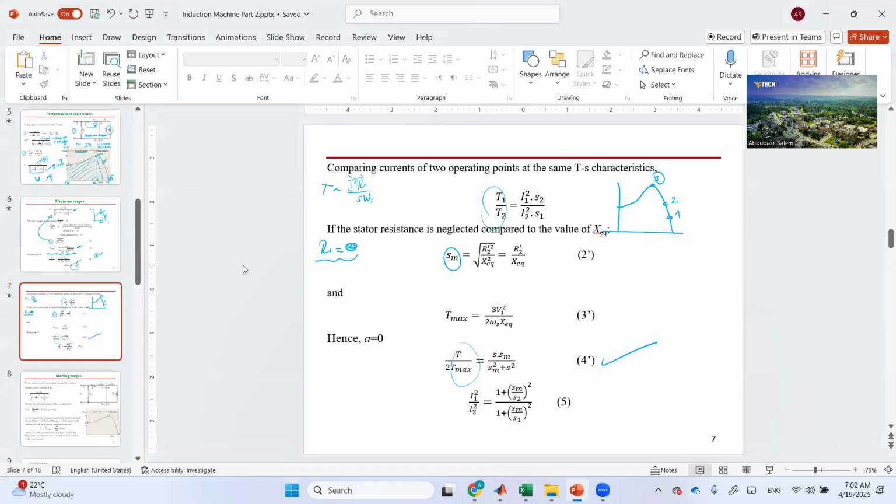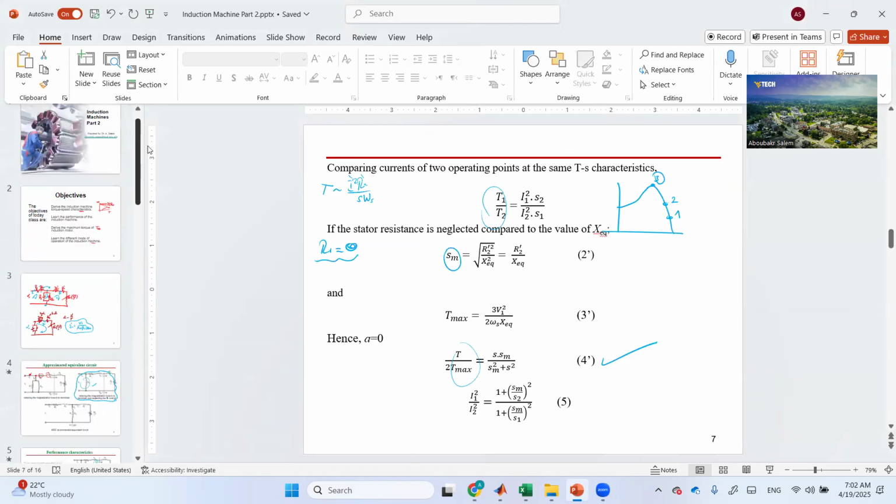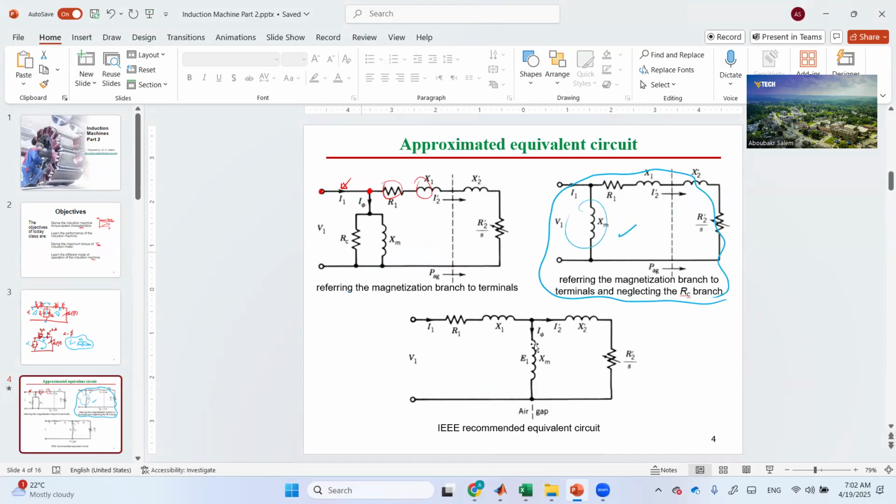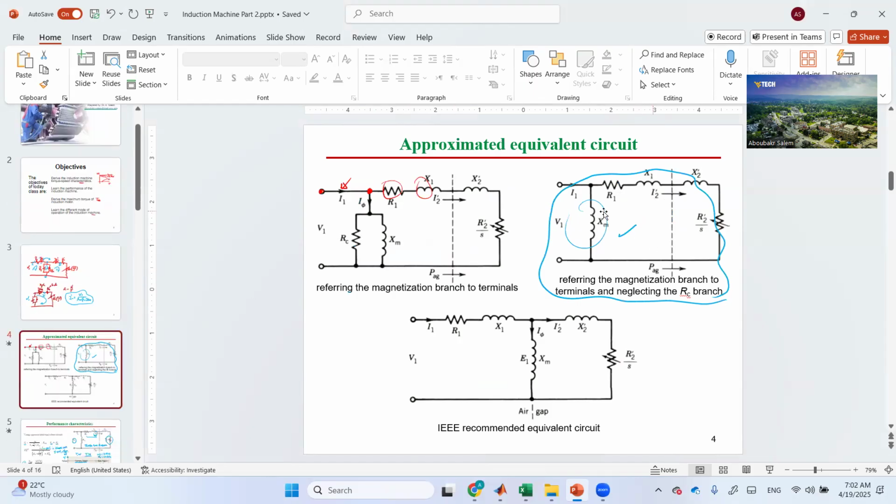Let me quickly remind you what we have discussed so far. In the first 2 sessions, we discussed the motor operation and we derived the equivalent circuit. Then in the third session, we started discussing the approximated equivalent circuit and the different circuits that we have, and we said we are going to continue with the approximated equivalent circuit in our classes.